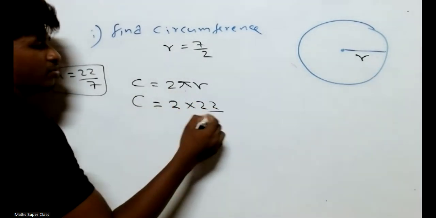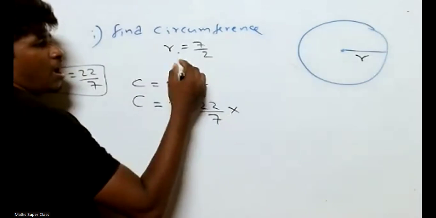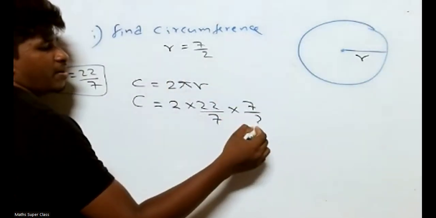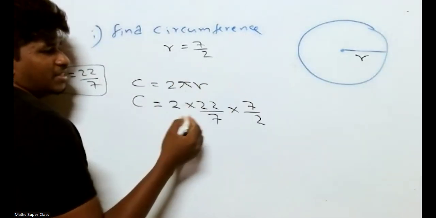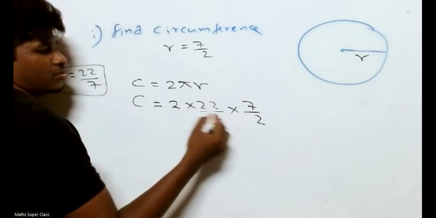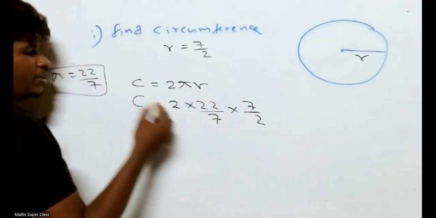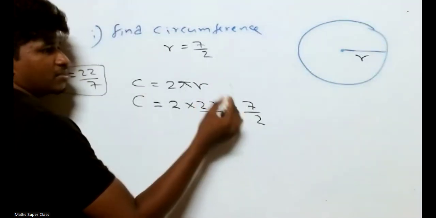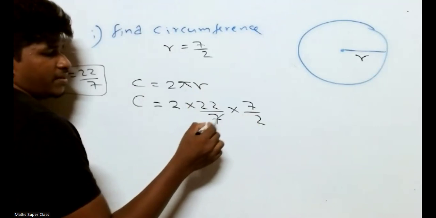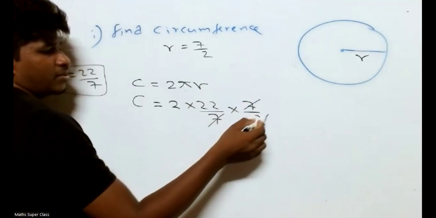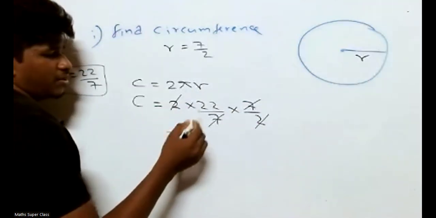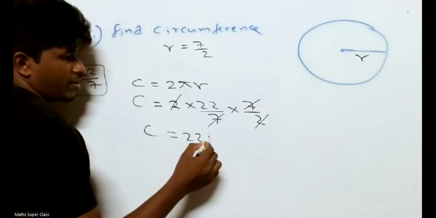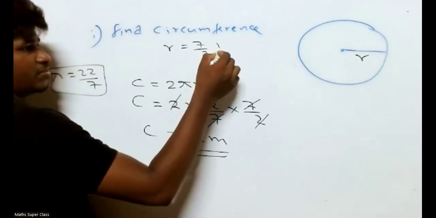Just substitute this r, 7 divided by 2. 2 is 2, 7 cancels with this 7. The answer is circumference equals 22 meters, because this is in meters.